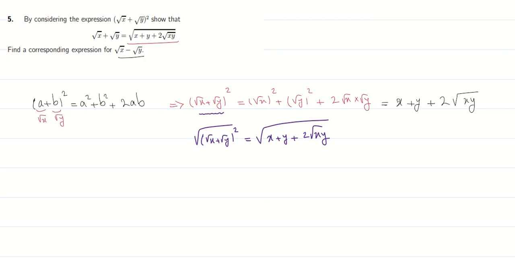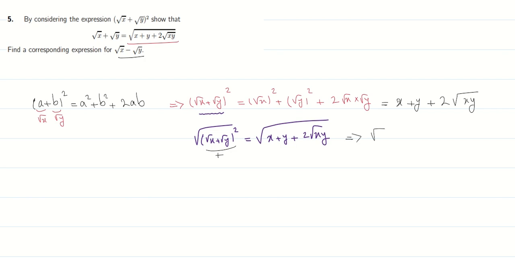Now, we know that if you take a square root of a squared number, we should always use the absolute value. But since in here we are dealing with a positive number, since the square root of x plus the square root of y is always a positive number, we don't need to actually bring the absolute value in here, and we can just write it simply as it is.